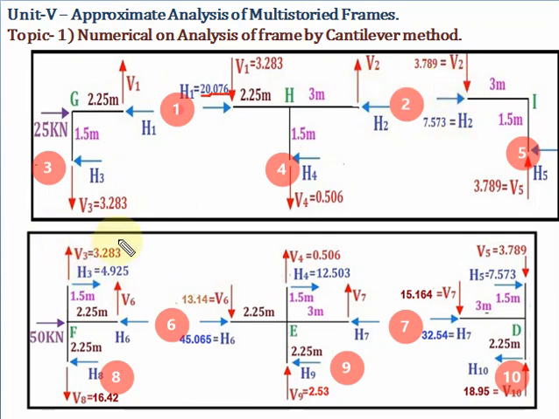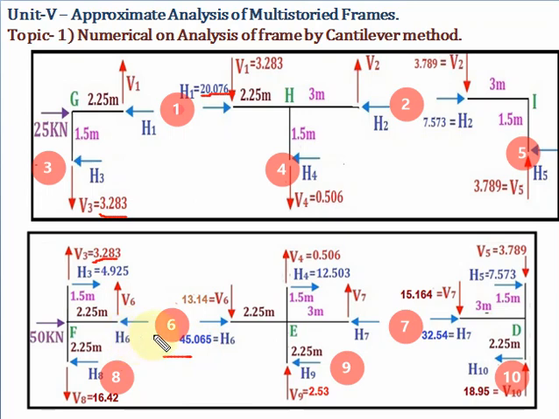Now observe joint 3 here. V3 for the upper story is acting downward, but for the free body diagram of joint F it is acting upward. So it is equal and opposite, but the value of the force is the same, that is 3.283. Here also at node 6, see the value of H6.